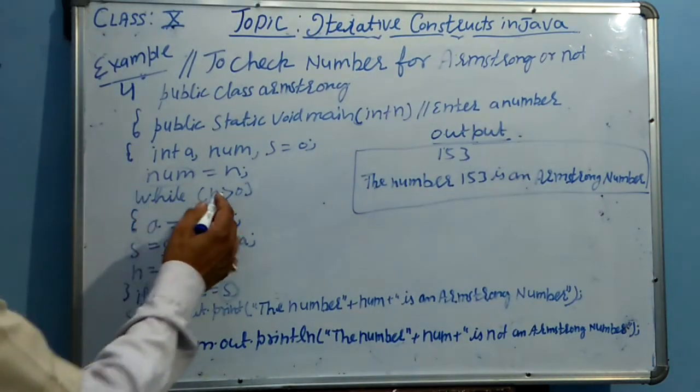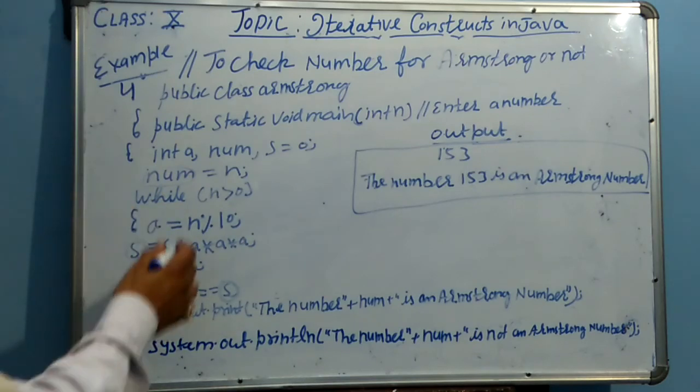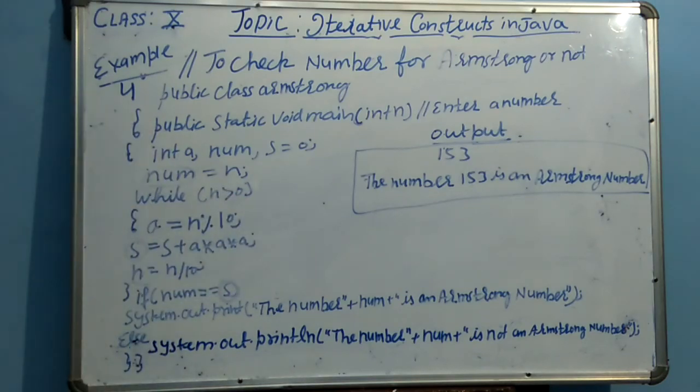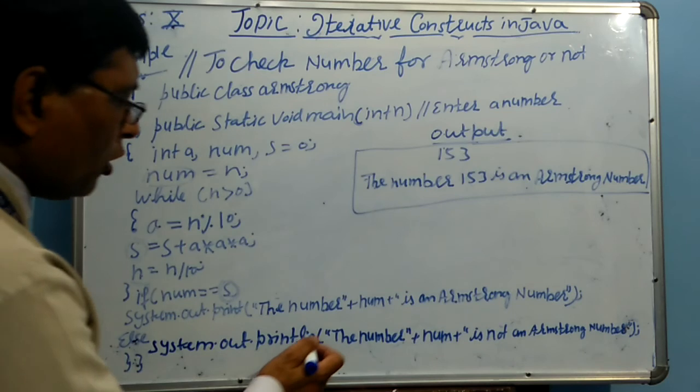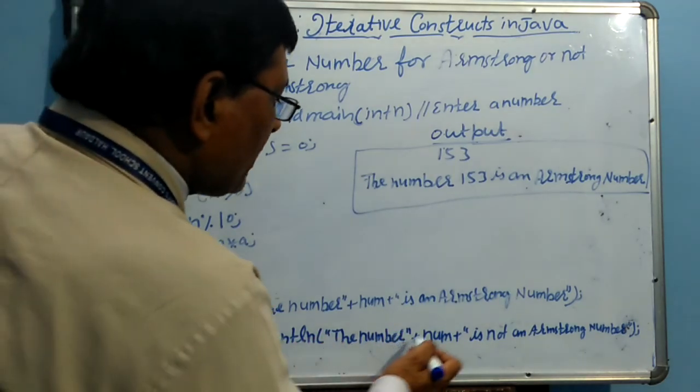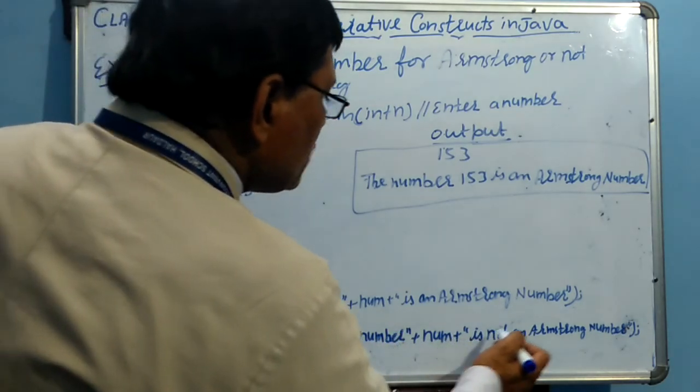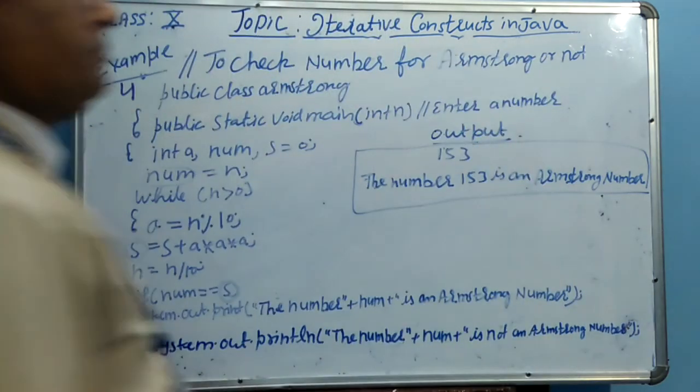If the value of n is more than 0, then the else part will function. System.out.println: the number num is not an Armstrong number.